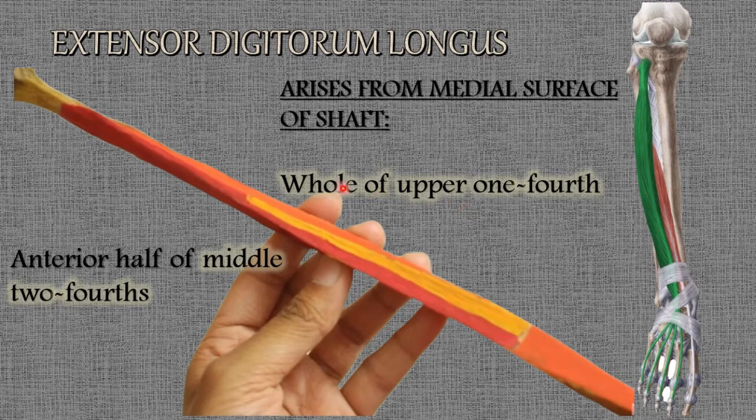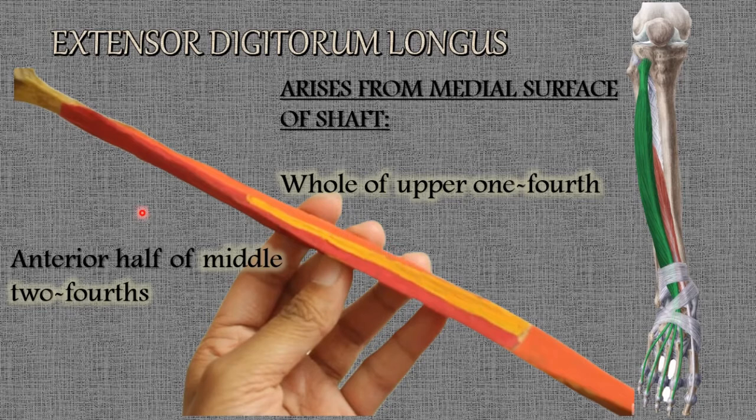Now you can see this is the medial surface, which is very narrow in its upper 2/3, but slowly as it comes down it gets a little broader. From this side will be posterior, from this side will be lateral, and this is the anterior border, right? And this is the medial border.